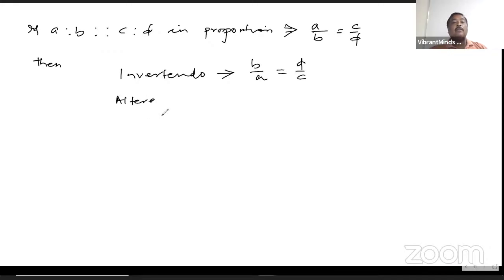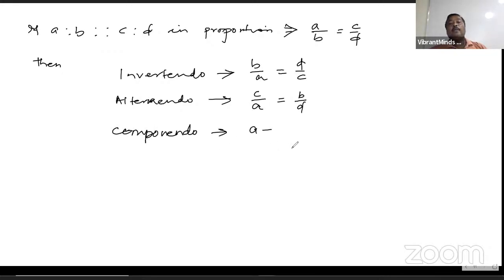Then we have alternando. According to alternando, C by A is equal to B by D will also be in proportion. Same way we have componendo. In componendo, A plus B by B is equal to C plus D by D will also be in proportion.